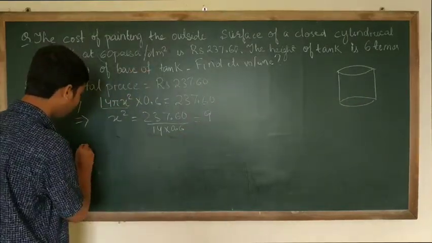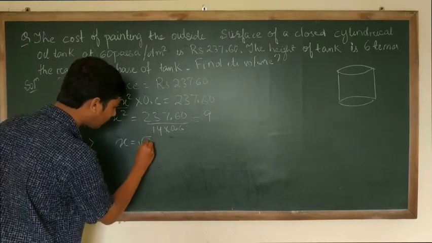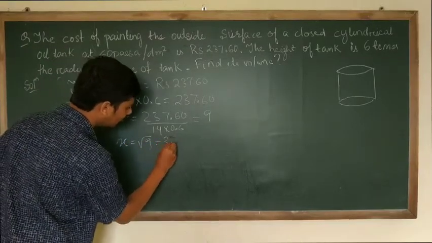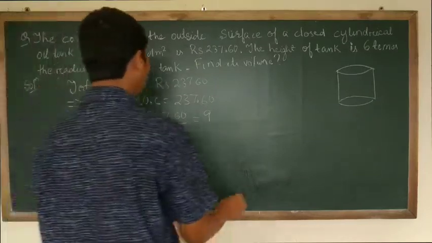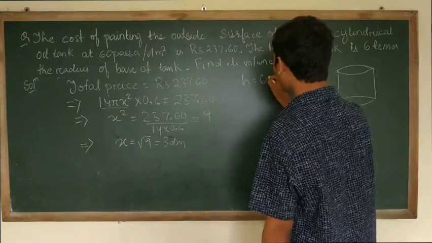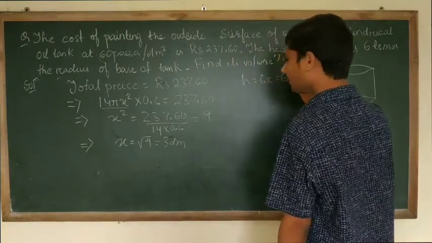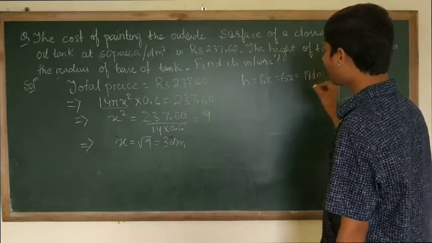You can find it by simply dividing. So x is equal to what? Root over 9, which is equal to 3 dm. When the x value is 3 dm, height will be how much? h is equal to 6 into r, so 6 into x is 18 dm.